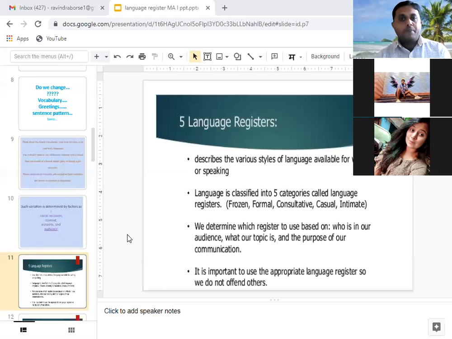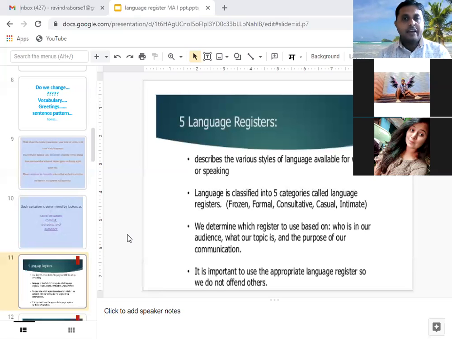Second thing, the topic. Third is the reason or the purpose of our communication. As I told you, if you visit a bank, before you communicate, you would think about who is the audience? The cashier would be the audience, and my topic is issuing the check. Okay, and then I would start my communication.